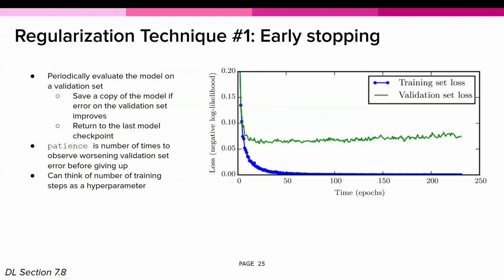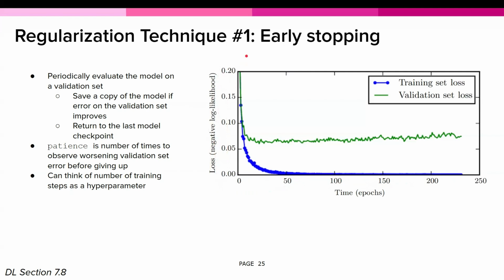So when training large models with sufficient representational capacity to overfit the task, when we're applying gradient descent to train these models iteratively, one thing that we notice is that the training set loss is going to decrease consistently over time. So this is a plot of the number of epochs, or the number of gradient updates that we've performed, and this is the loss.